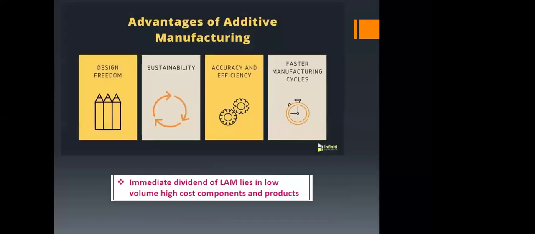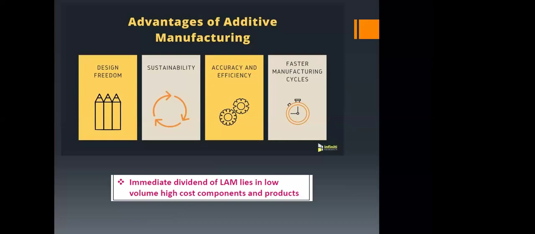So these are the advantages that have been given in this particular picture: design freedom, sustainability, accuracy and efficiency, and faster manufacturing cycles. But one key point we need to remember when we are adopting additive manufacturing technology or rapid prototyping 3D printing is that it is not suitable for mass production of parts.